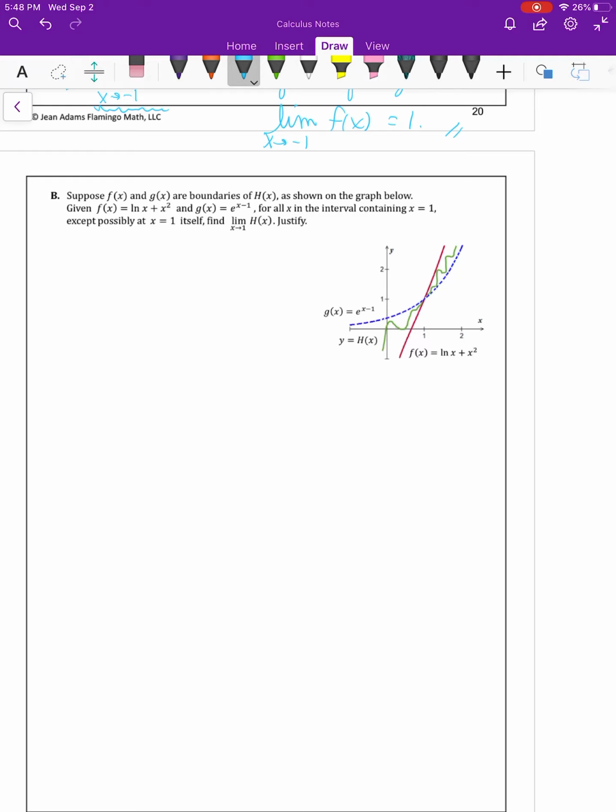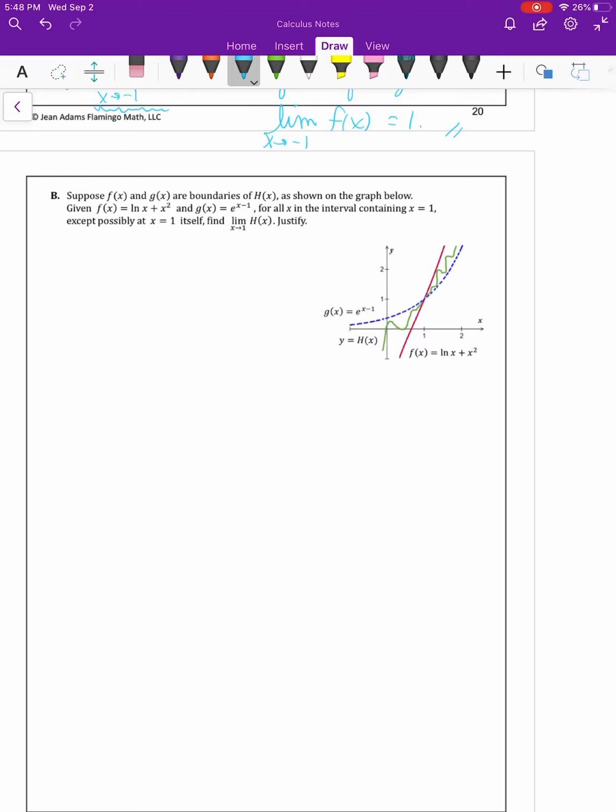So, my goodness, this green function here is our h of x. You can see that it's sandwiched between this blue function, g of x is e to the x minus 1, and this red function, f of x is ln x plus x squared.